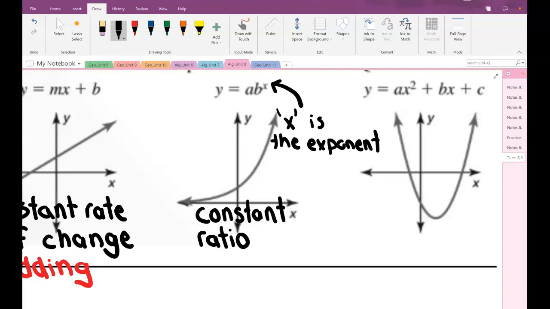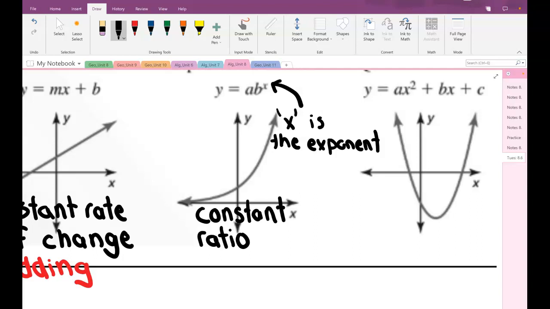So I go from 2 to 4 to 8 to 16 to 32. Each time my outputs are being multiplied by 2. That's what we'll call a constant ratio. We can do the same thing if we're dividing. Say we're going 10, 5, 2.5, 1.25. That means we have a constant ratio of 1/2.